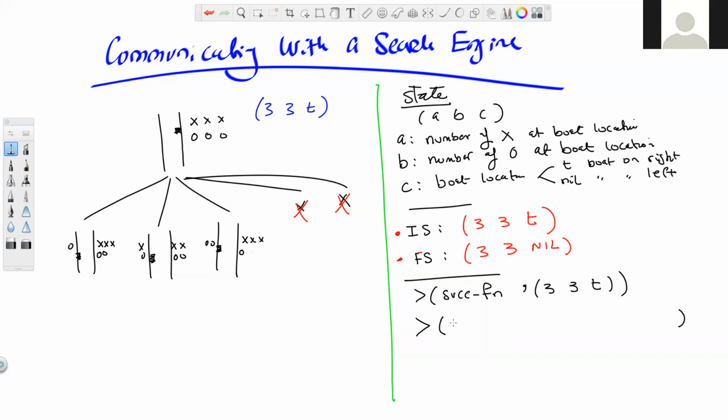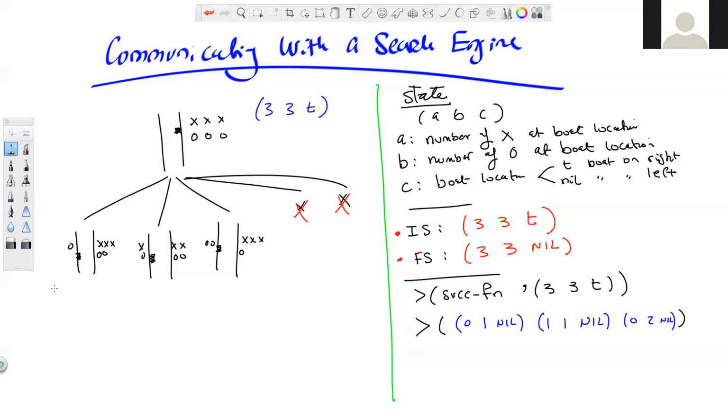Let's do it. Actually, let's do it in blue. So 0, 1, nil, and 1, 1, nil, and 0, 2, nil. These were the states that are returned by the successor function.